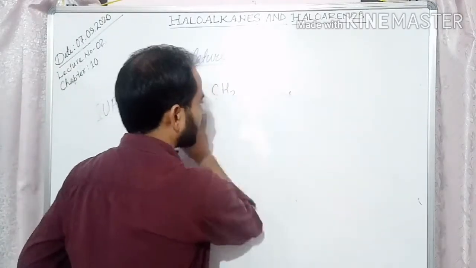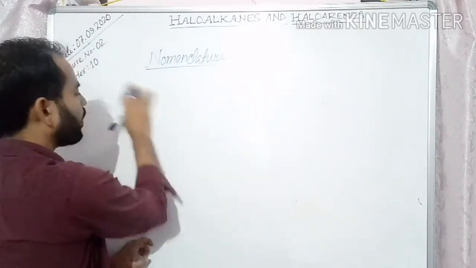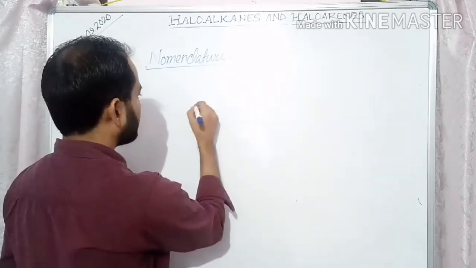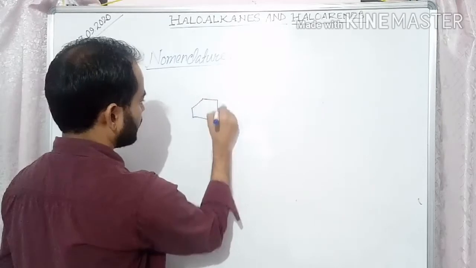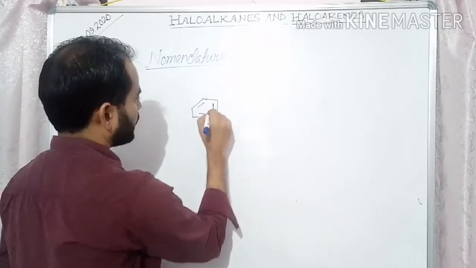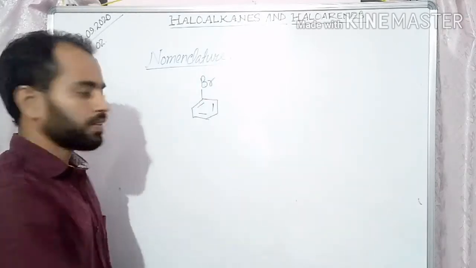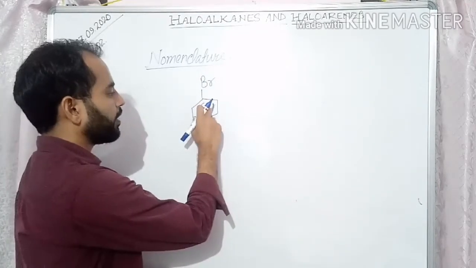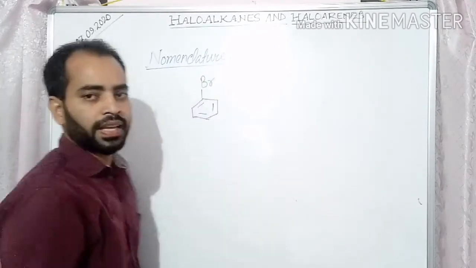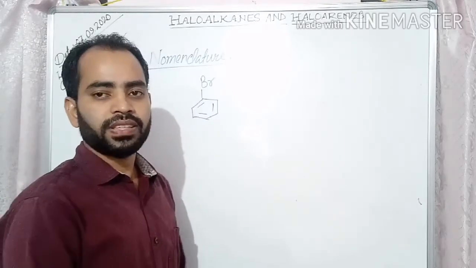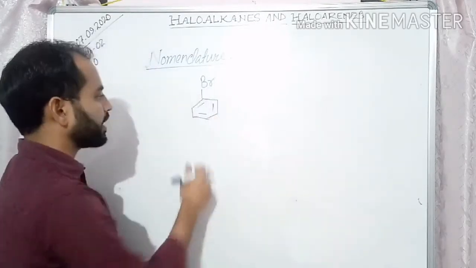Like this, we can name the haloarene also. So this is your arene, and one hydrogen of this benzene is replaced by bromine, so it is a haloarene.